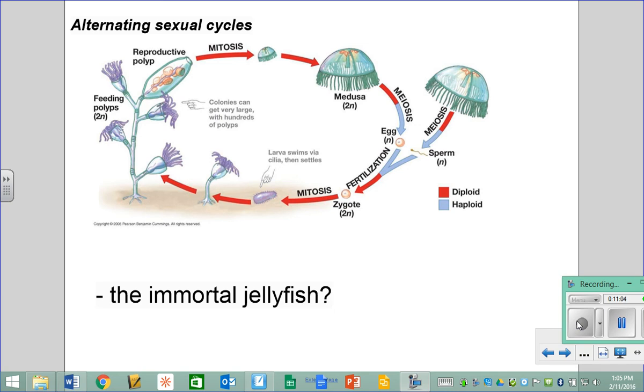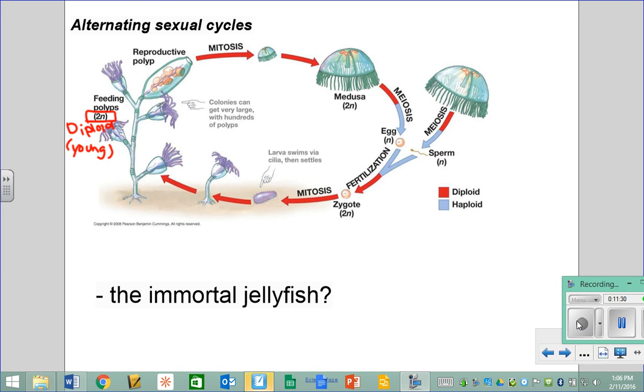So if I take a look over here, I have a diploid organism. Now when we're talking about jellyfish, the polyp would be the young version of the jellyfish. Knowing specific jellyfish terminology is not a required part of the curriculum, so I'm just telling you this so you know what we're talking about.